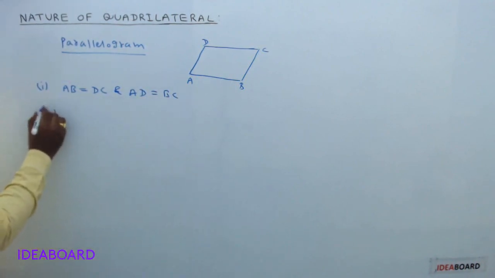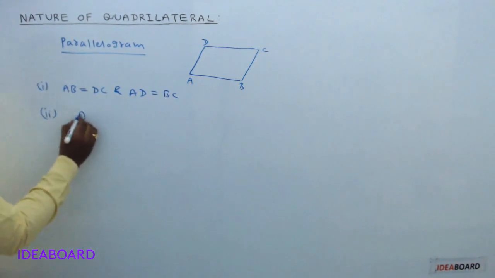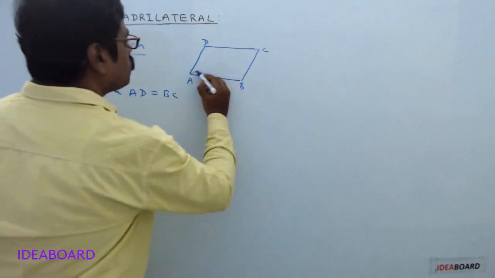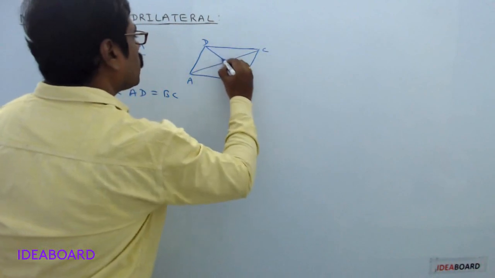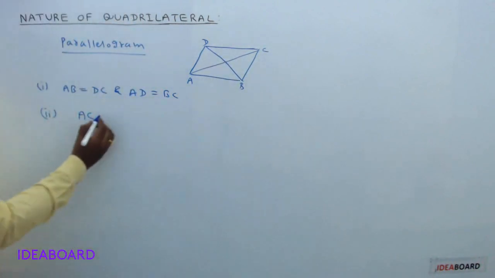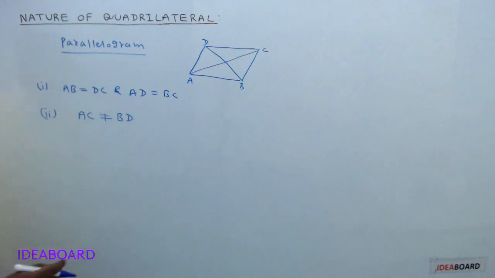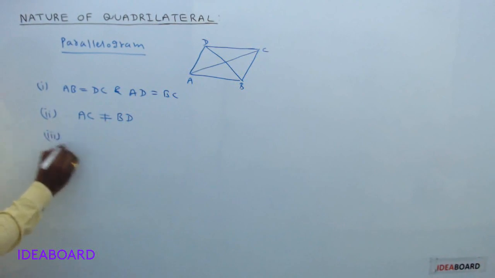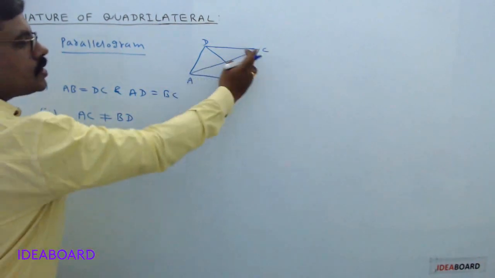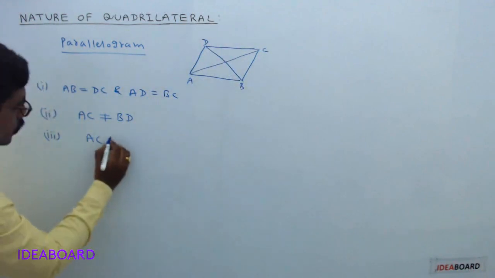Then second one, diagonals. AC is one diagonal, second diagonal BD. Diagonals are not equal. That means AC is not equal to BD. Third one, diagonals are not perpendicular. So AC is not perpendicular to BD.